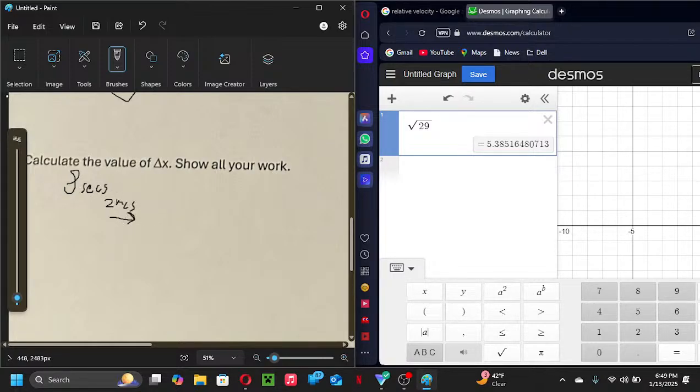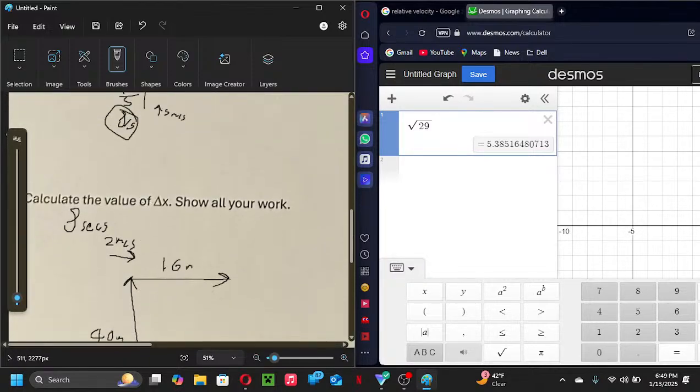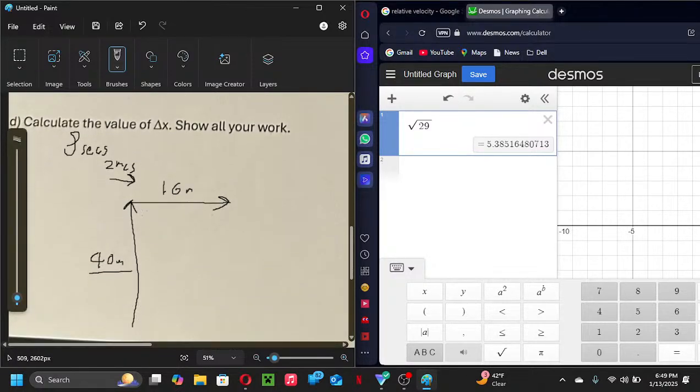So it would have gone 16 meters this way in 8 seconds, as well as 40 meters forward. So that's the value of x. Perfect. 16 meters.